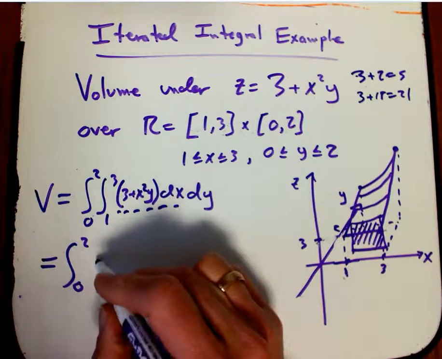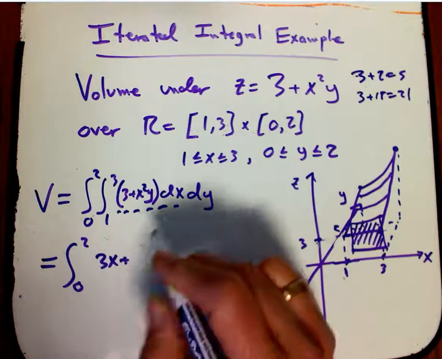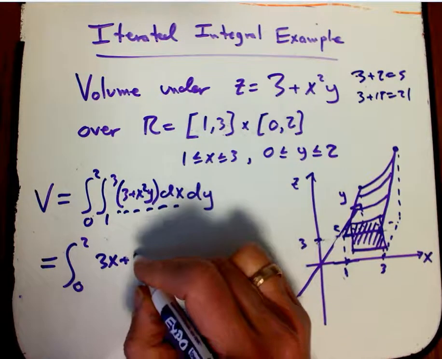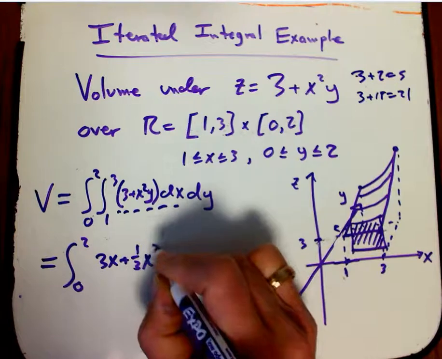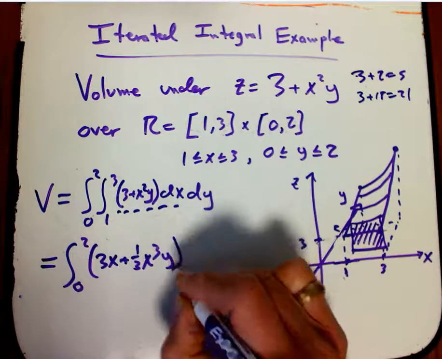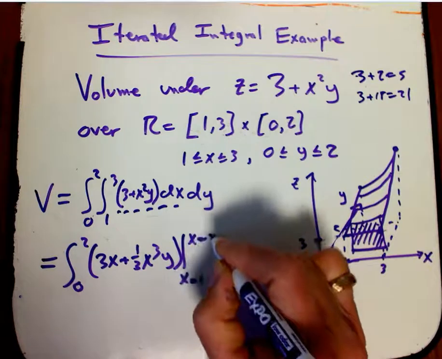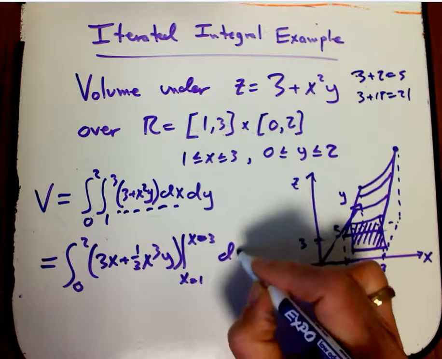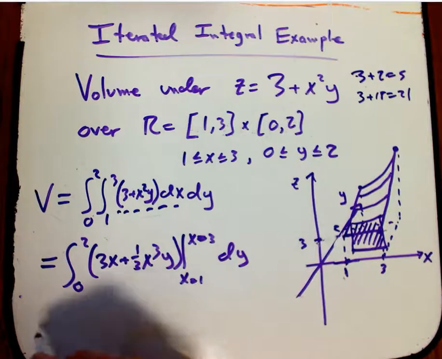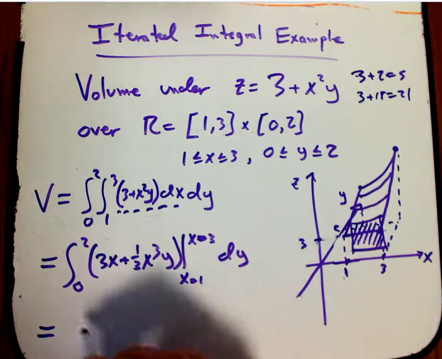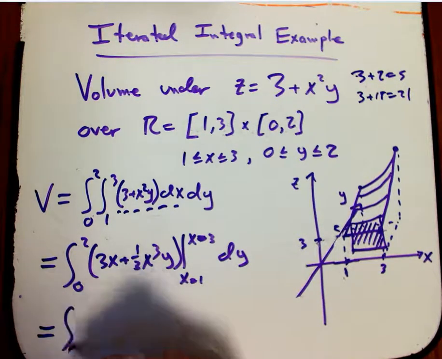Okay, integral 3 dx is going to be 3x. Integral x squared y is going to be 1/3 x cubed y, all from x equals 1 to x equals 3. Usually don't write the x's, but it's a good idea the first, say, 10 times you do an iterated integral to do that.